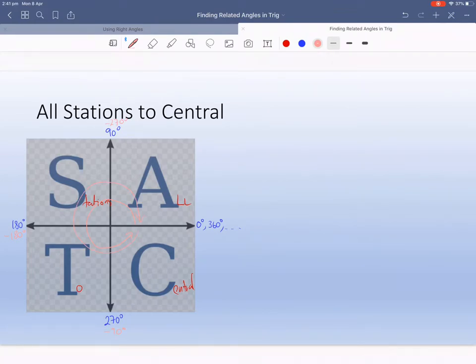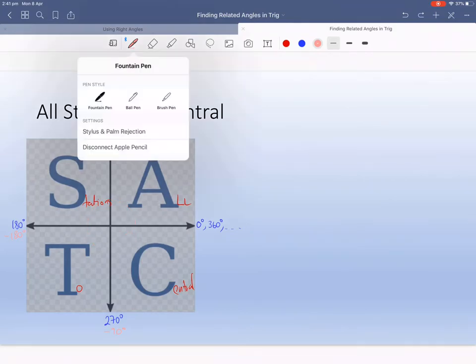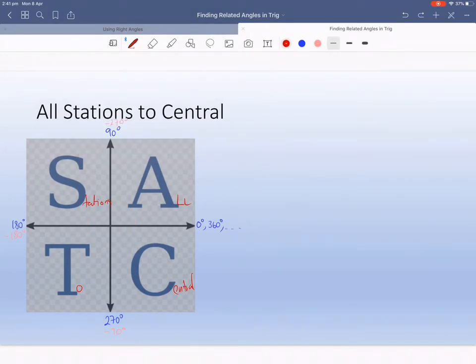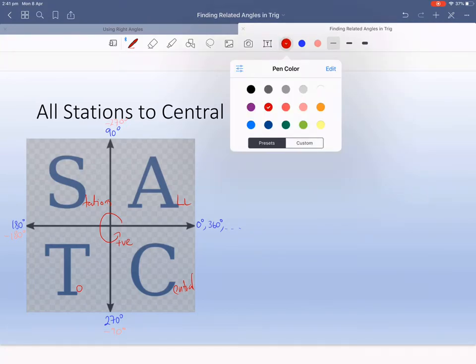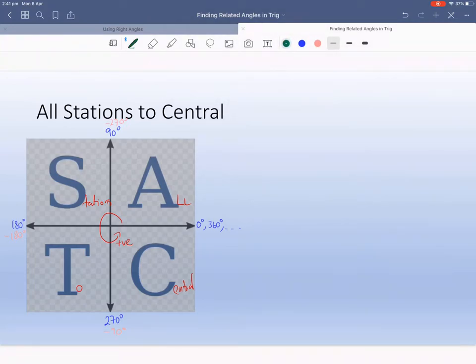Okay, so one side's positive, one side's negative. So the positive direction is this way. Negative direction, let's give a cool color for it, dark green, is that way. So one's a positive direction and one's a negative direction, okay.